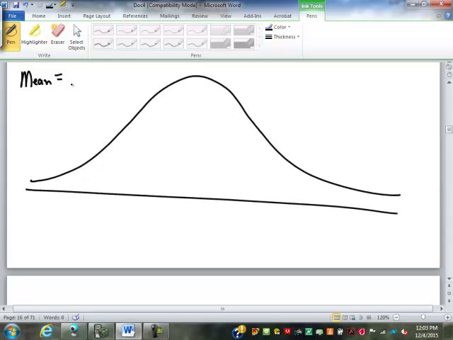And you find that the mean selling price of a 3-bedroom, 2-bathroom house in the area you're looking is $140,000. The standard deviation of $30,000.